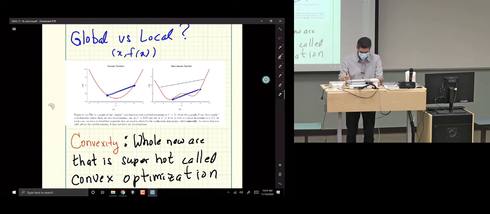Okay, so this extends to any set. A circle, for example, is convex because you can just draw a line between any 2 points in the circle, and it doesn't cut the circle. So this is the notion of convexity. Another way to think about it is that if I compute the gradient of this line at any point, the tangent line, the function is always above it.